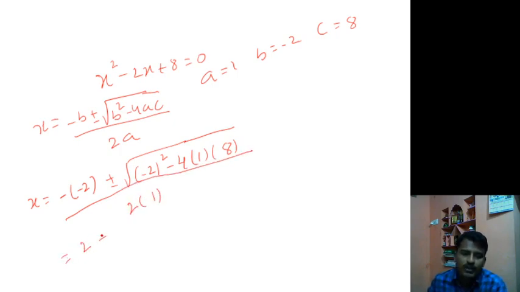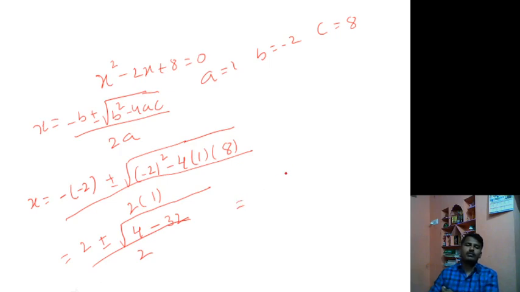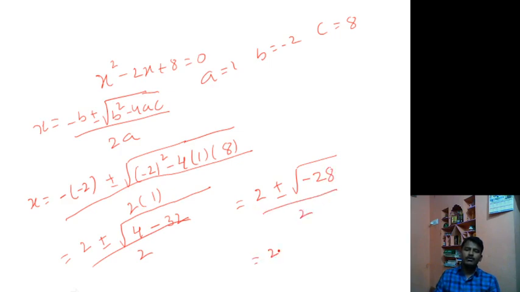Again minus into minus, plus or minus under square root of 4 minus 32, upon 2. So 2 plus or minus square root of 4 minus 32, how much? Minus 28, upon 2. That should be equal to 2 plus or minus iota, meaning imaginary value, root 28 upon 2. This is the value of x.